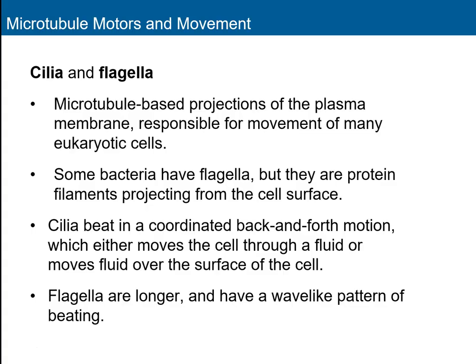All right. Now, like I said, there's a lot of overlap between microtubules and actin, okay? So there are some projections. We called them protrusions when we talked about actin, but there are also cell projections that are microtubule based, okay? And these are ones that, like flagella, can move, right? So you can think about these as being a little more dynamic than something like a microvilli.